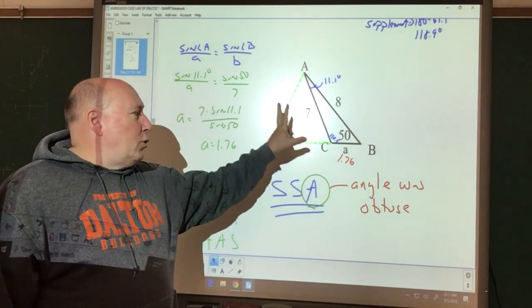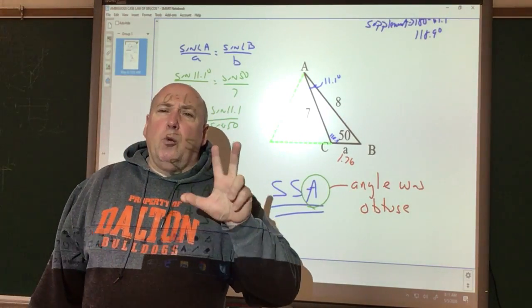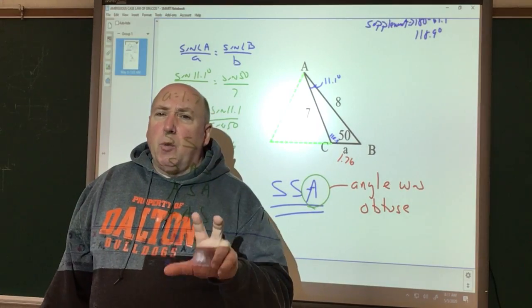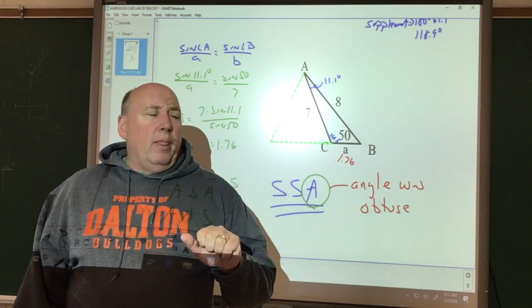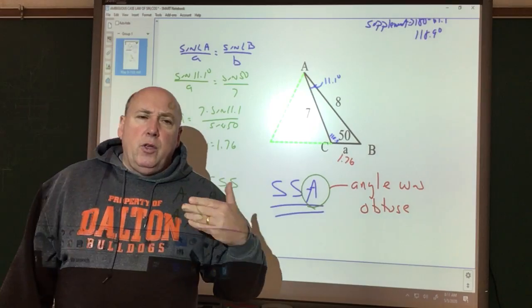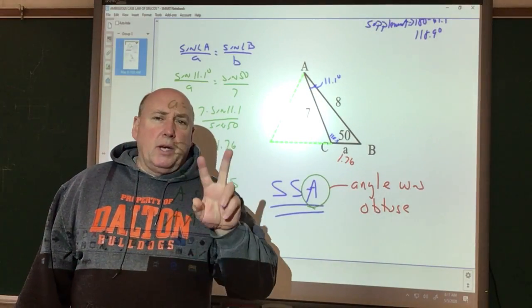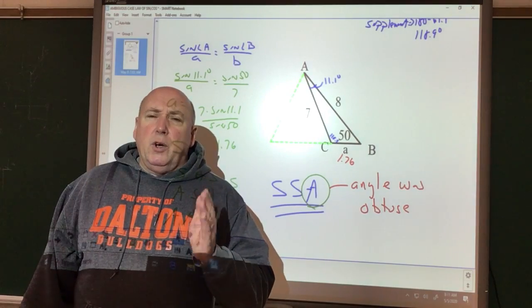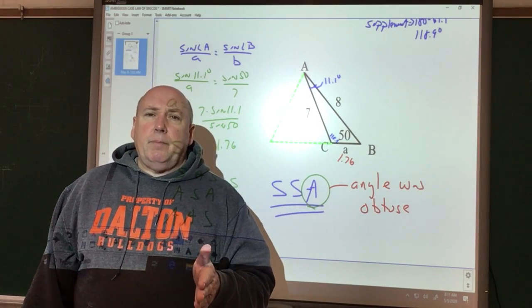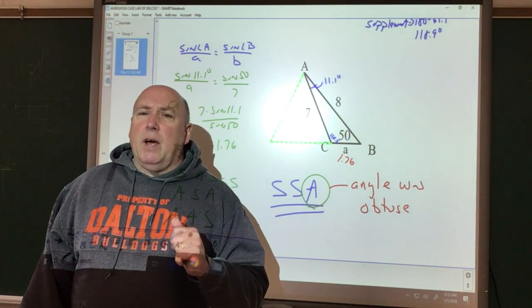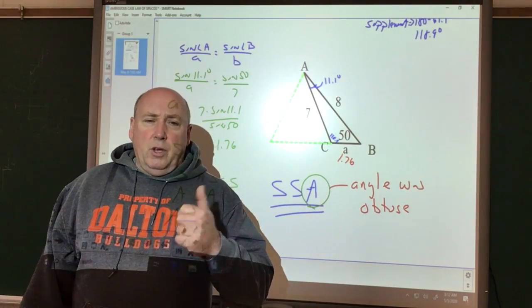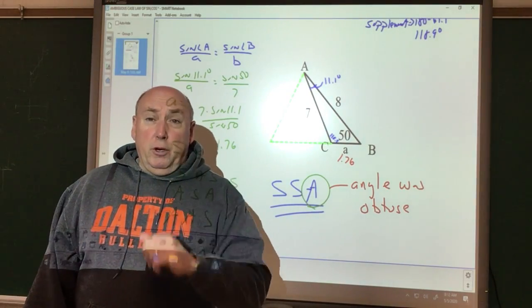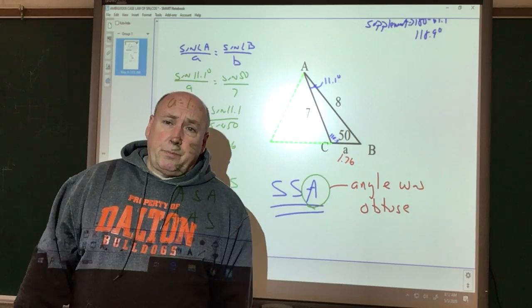You just have to watch when you calculate an angle with the law of sines. You have to make sure that you don't have a second solution, because there's a possibility of a second solution. If you want to guarantee having the correct angle every time within a triangle, you use your law of cosines.